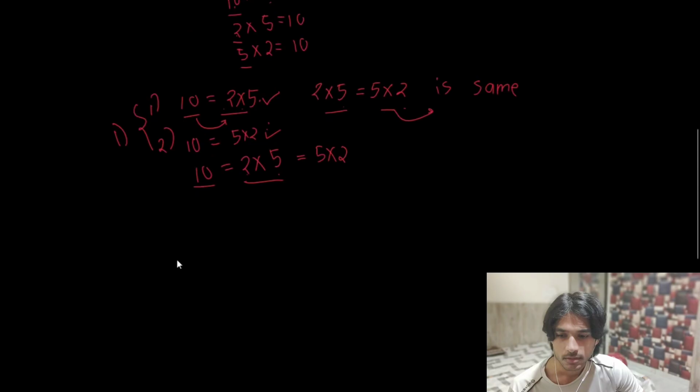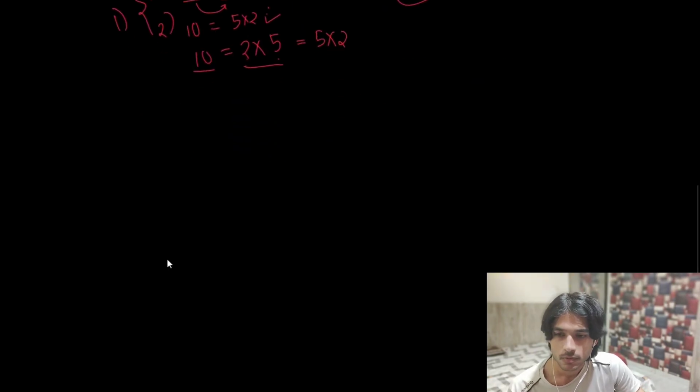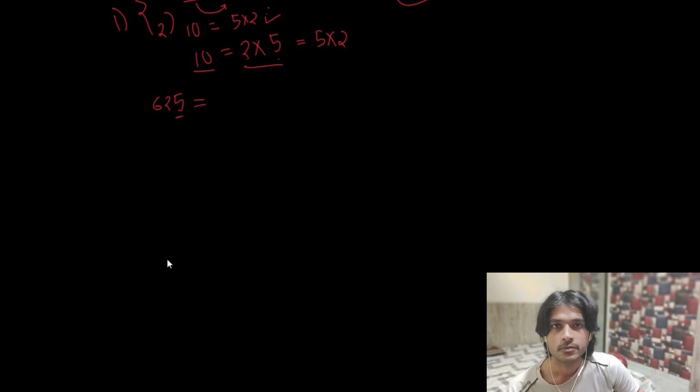So let me take another example, let's say 625. First of all, I have to write 625 as a product of primes. Because its last digit is 5, we are sure that it will be divisible by 5.